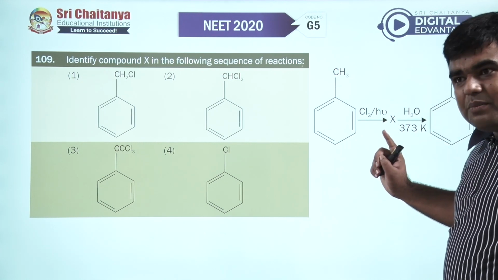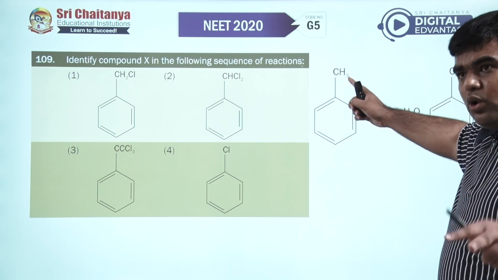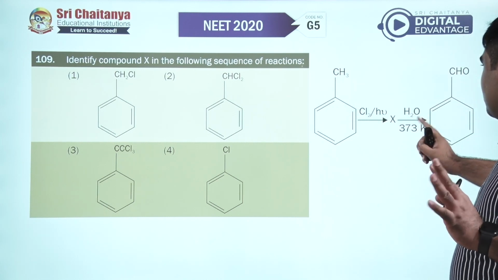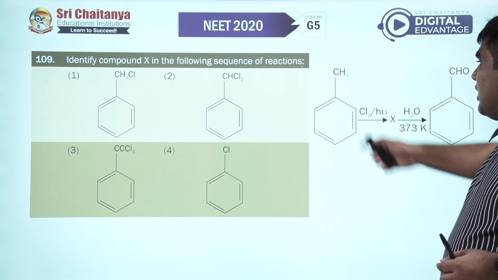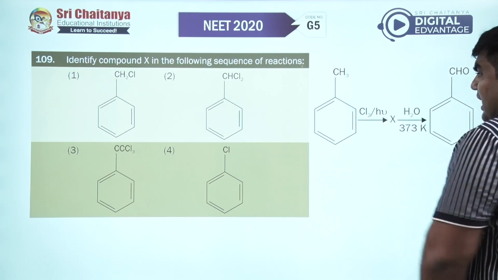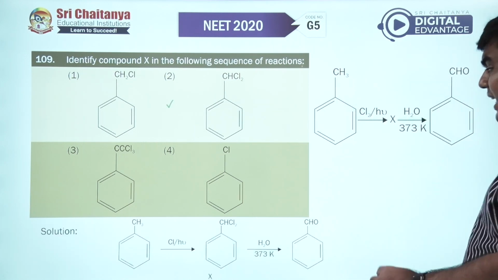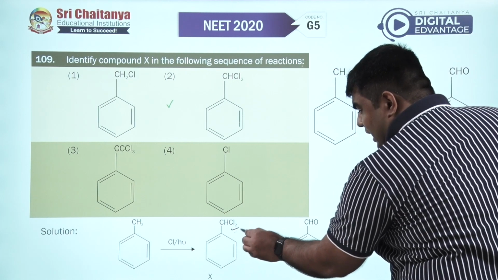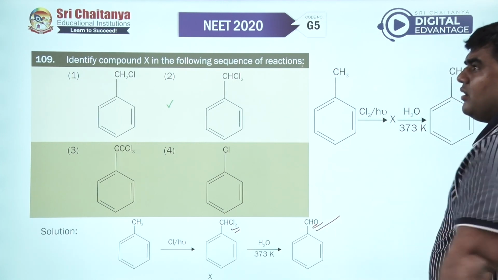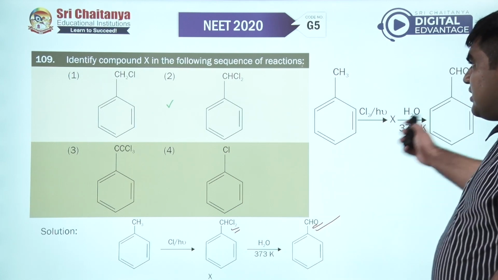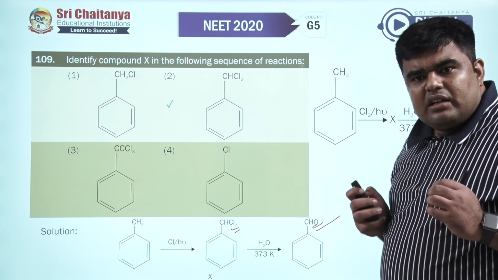So usually we make this mistake. Here only 2 chlorine atoms should be coming in X. So 2 hydrogens will be replaced and we get 2 chlorine atoms. So the second option is correct, we'll get 2 chlorine atoms which will hydrolyze to give its aldehyde. So for this reaction, the second option is the correct option.